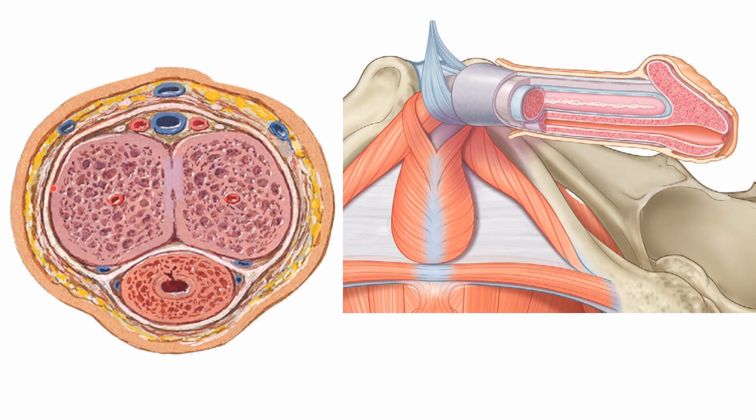Now, the tunica albuginea of the corpora cavernosa over this area consists of superficial longitudinal fibers and deep circular fibers. And a fibrous partition extends from the tunica albuginea, arising from the deep fibers of the tunica albuginea, and that intervenes between the two corpora cavernosa.